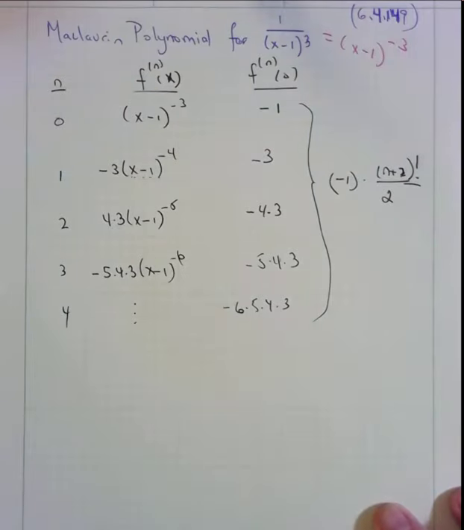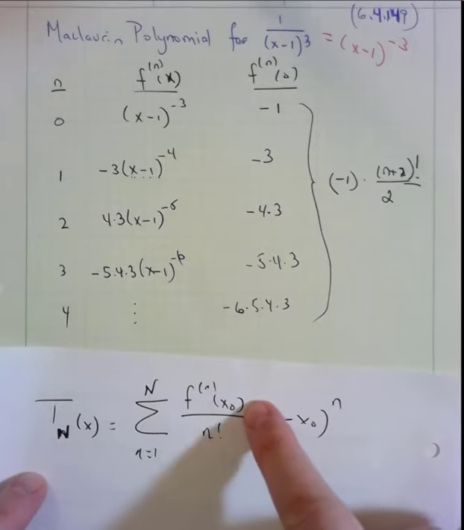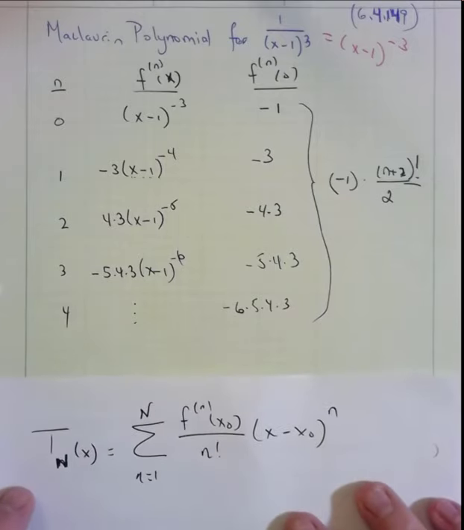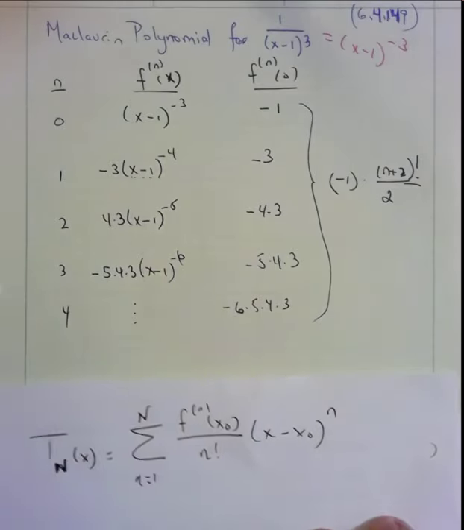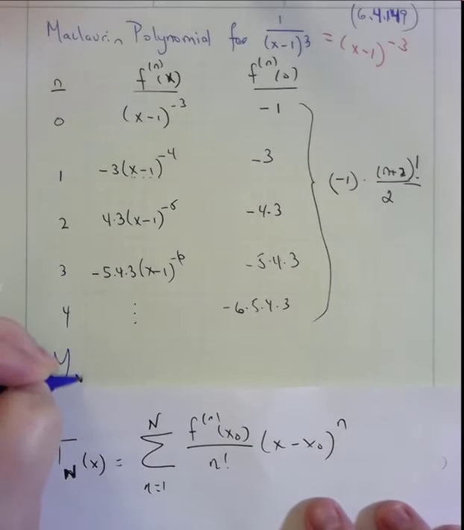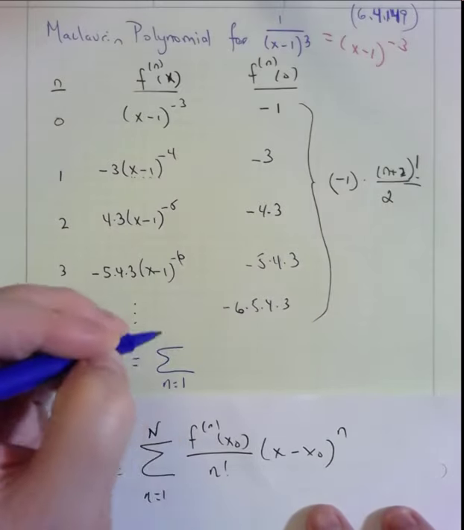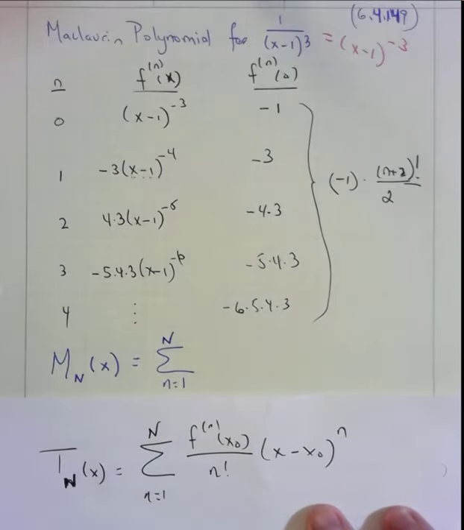Okay, so that's the general formula for this numerator. So I'm going to go ahead here and write down, I'm going to call it capital M because it's now a Maclaurin series of order whatever. And this is going to be a sum for n equals 1 to, well, however many.